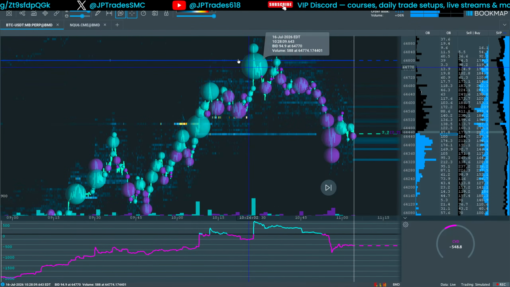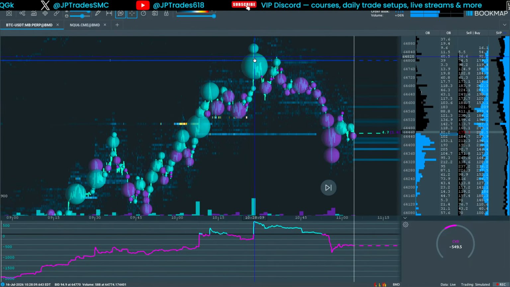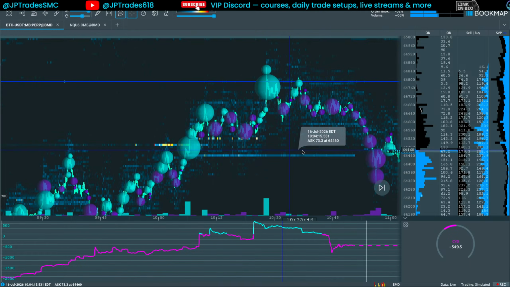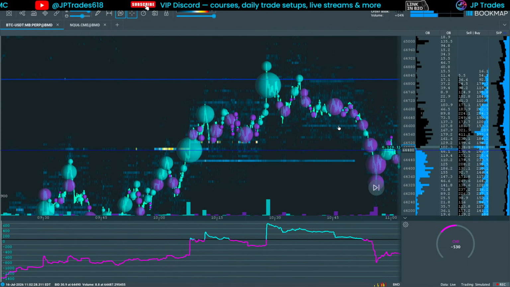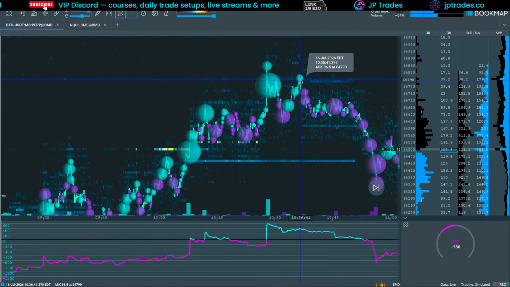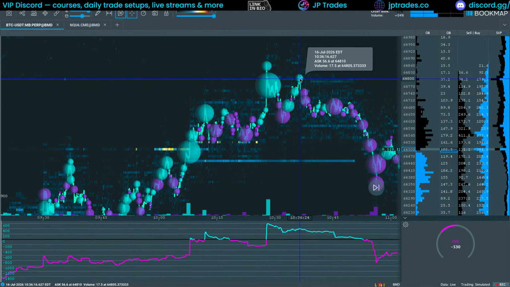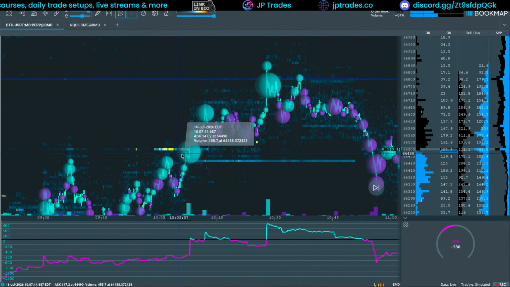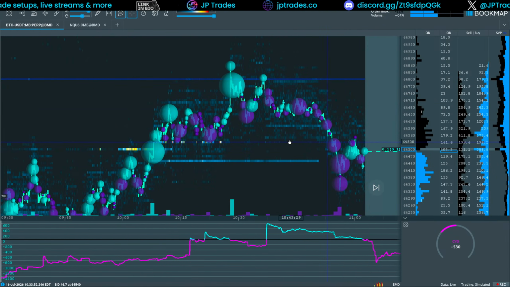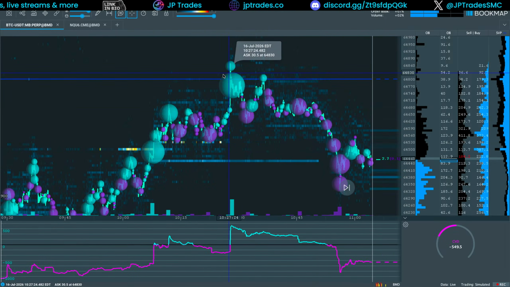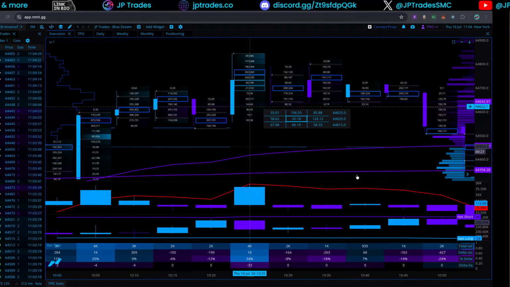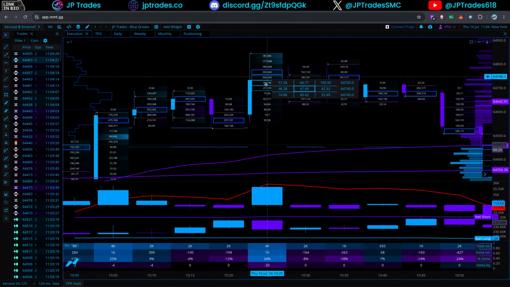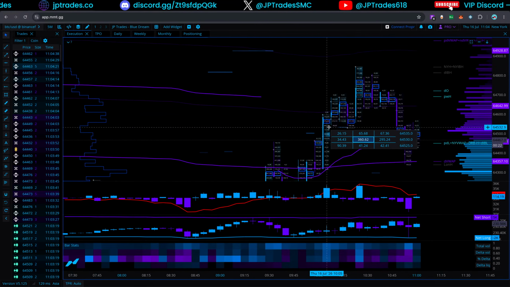So I would have just been looking at this like, hey, we made a high, we rejected very, very clearly, came back, probably hit the golden pocket, 0.786 area right there. Start to see it breaking down in several different ways. And just like I was saying, take a look at how many buyers are being trapped.